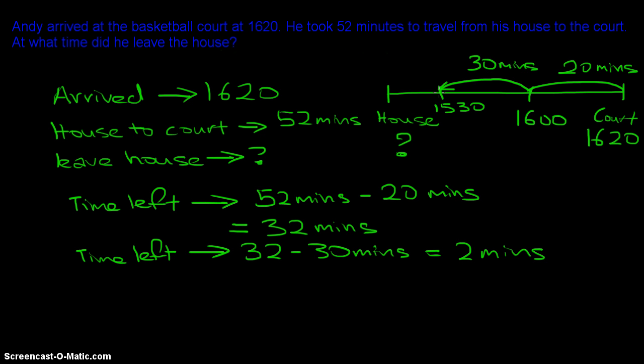So I minus 2 minutes from 1530, and I should get 1528. Why? Because 1530, I minus 2 minutes from here, I know I have 1528.